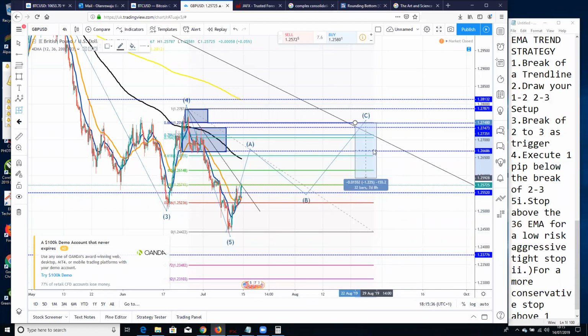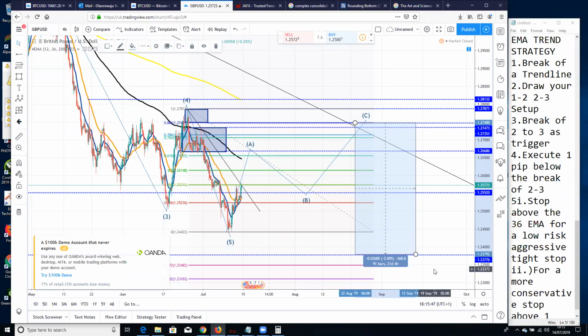If price moves back inside this trend line, then we can be looking for possibly almost another 5-to-1 risk reward ratio. It's a possibility in this particular trade if we are bouncing off this trend line. So we can be looking at a 5-to-1 risk reward ratio for that trade.